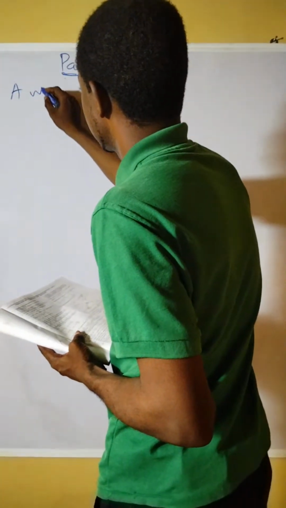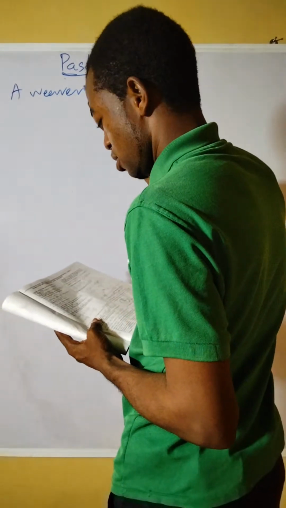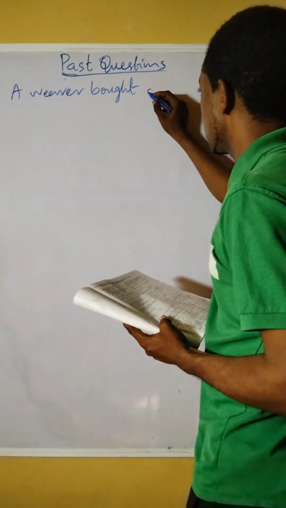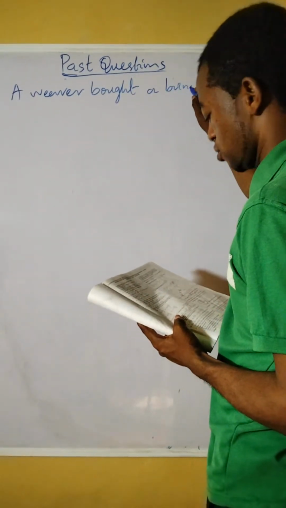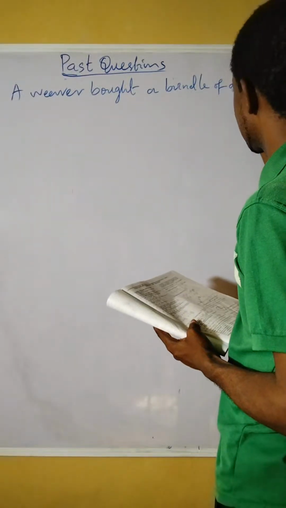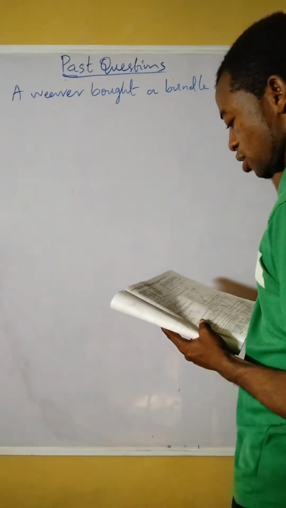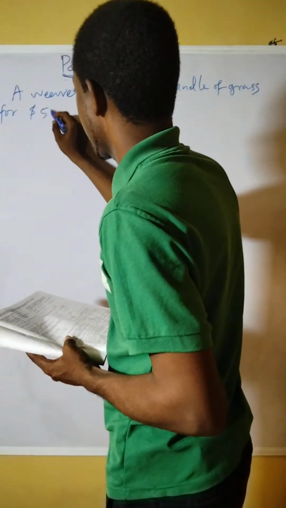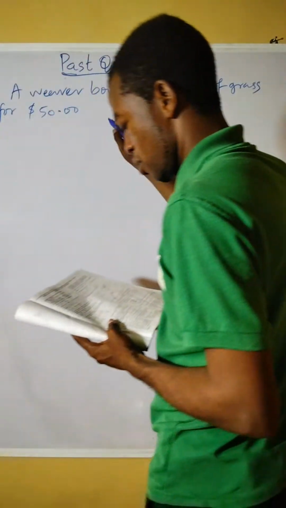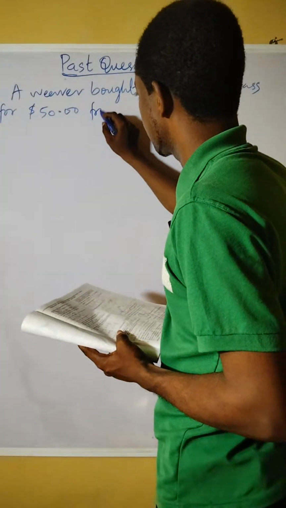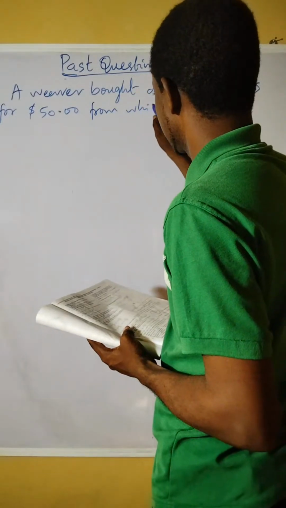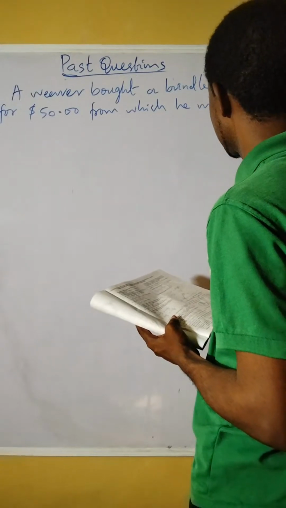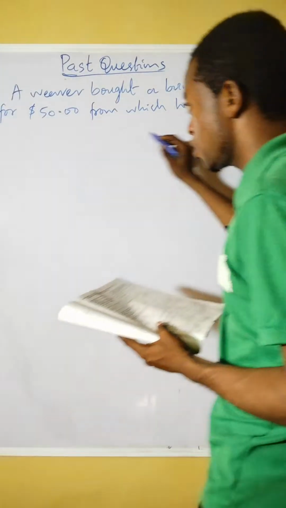A weaver bought a bundle of grass for $50, from which he made 8 mats.